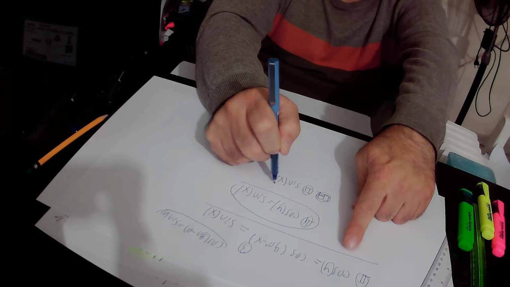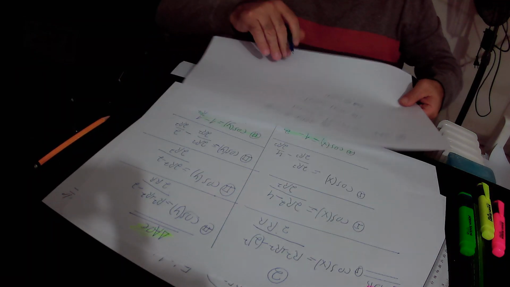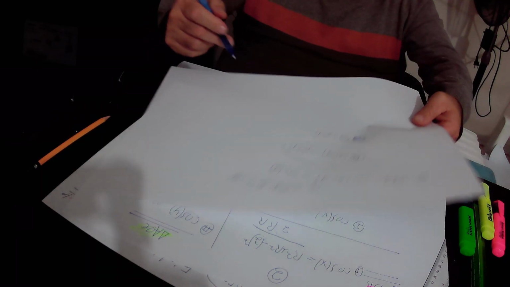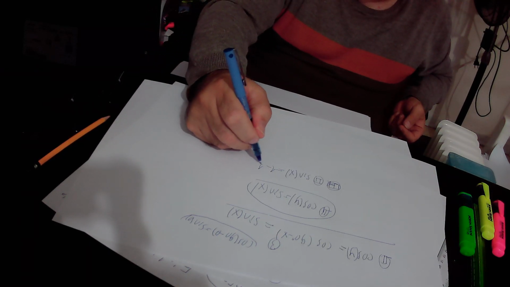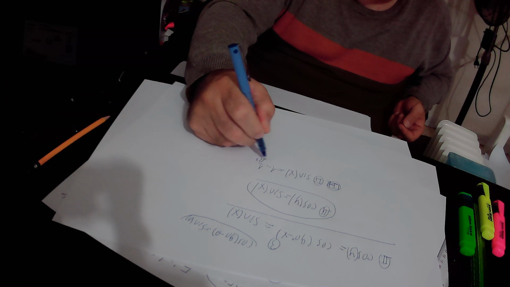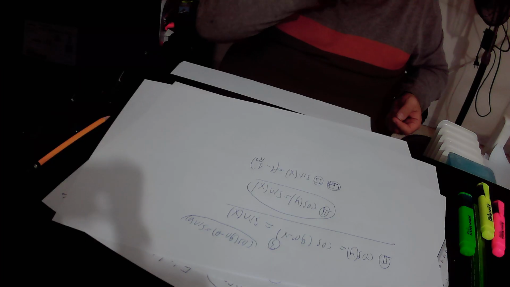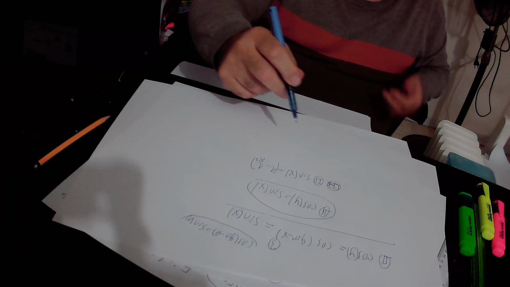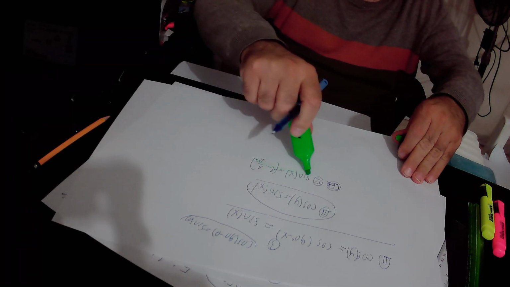According to equation number 2, cosine y equals 1 minus 1 over r squared. We have equation number 2 that states that sine x equals 1 minus 1 over r squared.